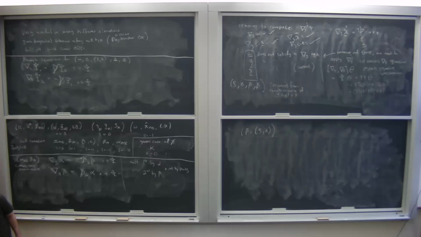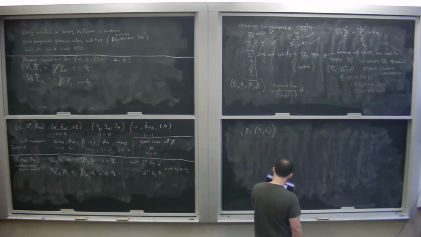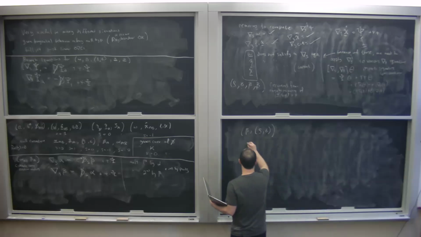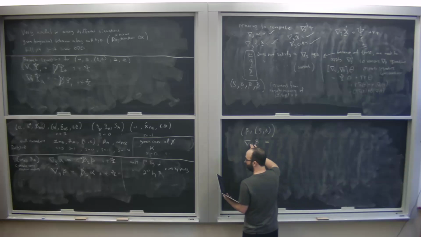Depending on what definition I used, it's written a little weirdly. Okay, so here's what you're going to get. I'll write out the operator. So you're going to get nabla 4 of beta equals... no, sorry, not nabla 4. Nabla 4 showed up there.